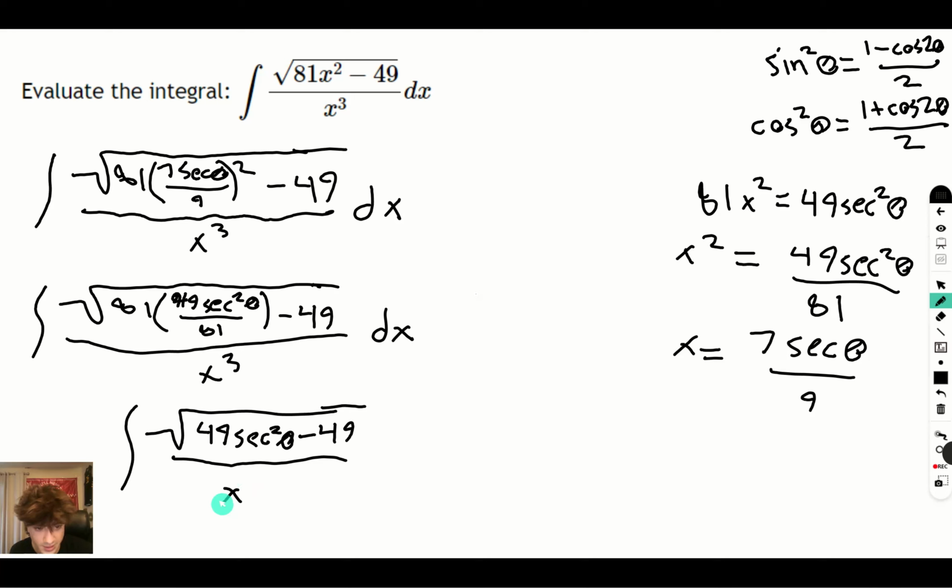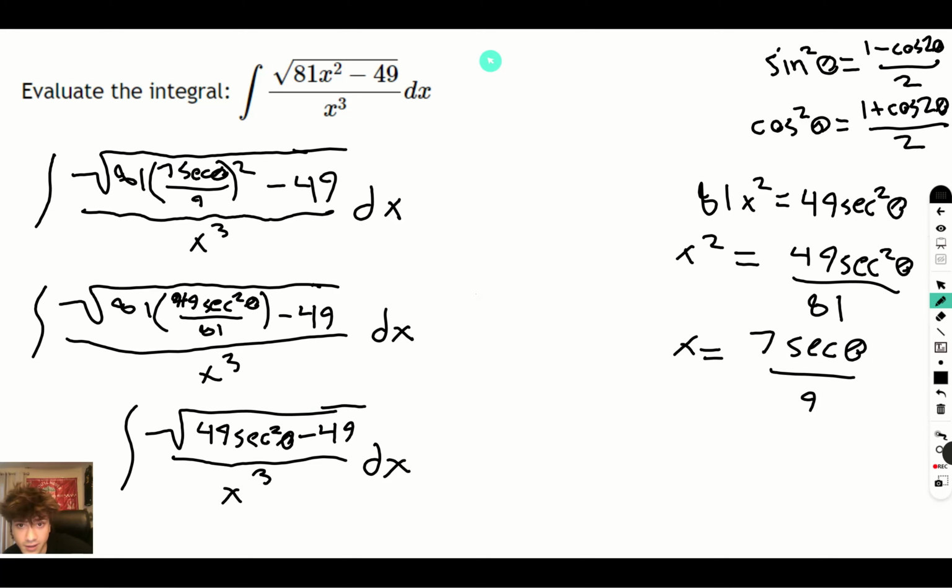Write in the rest again. But wait, this looks a lot like the formula we had: 49 secant squared theta minus 49. So we know that this, by definition, is just 49 tangent squared theta.